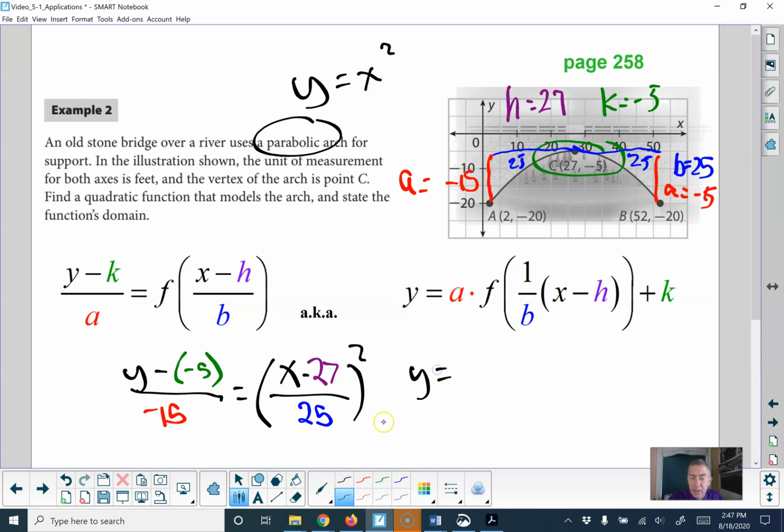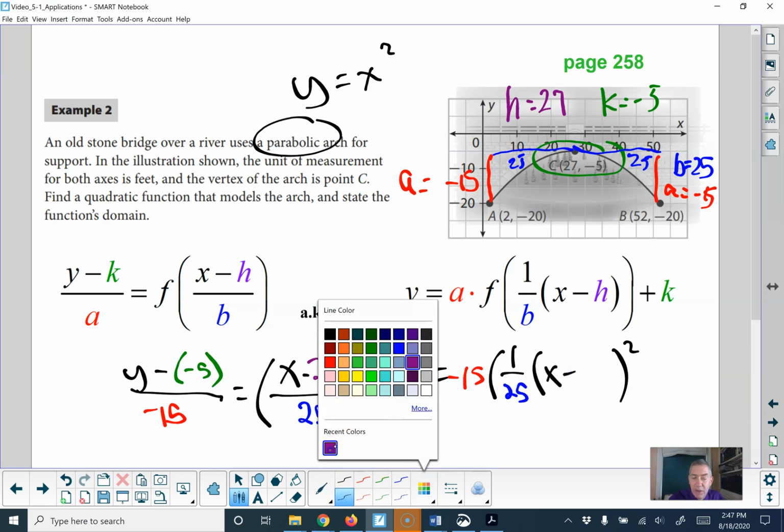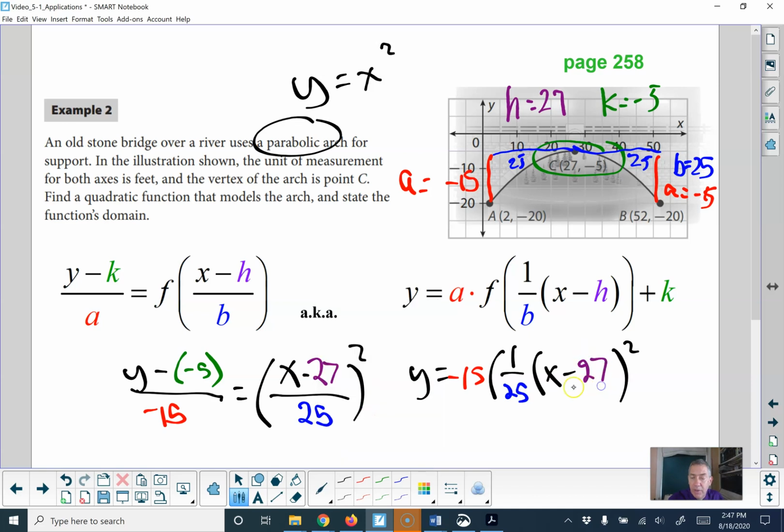Y equals negative 15 times, the function is squared, so something squared, 1 over 25 times x minus 27, squared, plus k, and my k is negative 5. And there you go. That is also a totally legitimate final answer.